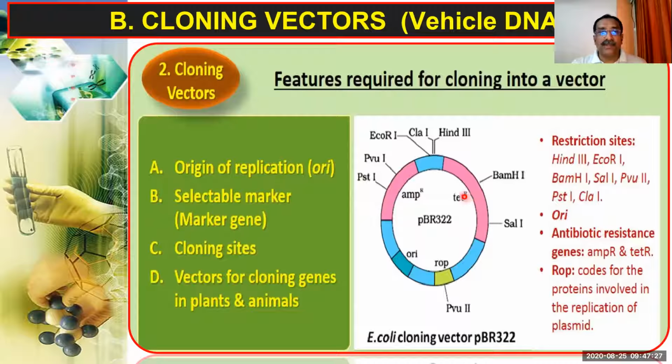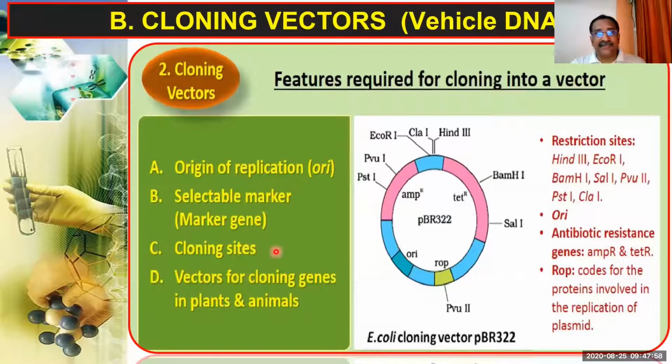So these two are called marker genes. And here we can notice that the cleavage will also take place. So that is the second point you have to keep in mind: antibiotic resistant genes. The two resistant genes you can notice are called AMP-R and TET-R.